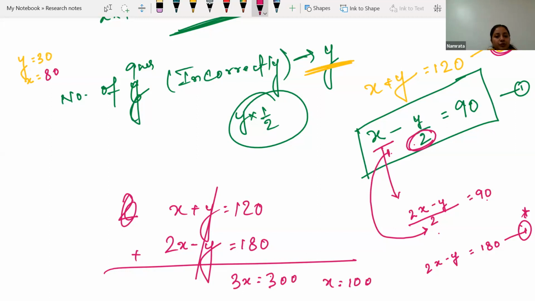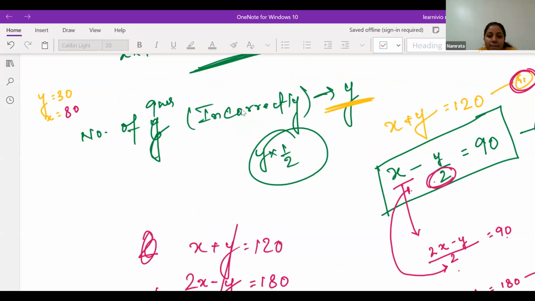Is it possible for you to send the snap of the calculation to the same place from where you get the messages related to the link of the class and everything? Please send the snap of the calculation where you have done the calculation in your copy. Take the picture and send it to the same WhatsApp. Ma'am, I've done this by the substitution method.